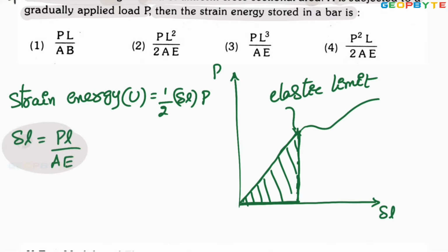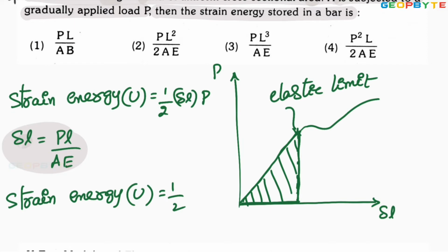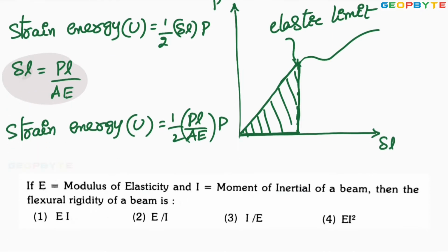Then the strain energy U equals half into delta L, PL by AE, into P. It is equal to P square L by 2AE. This is the answer.